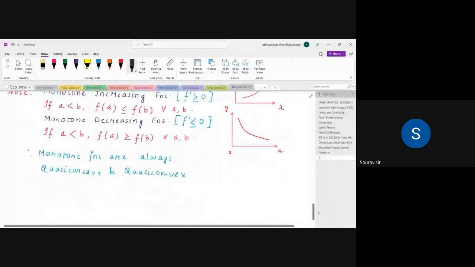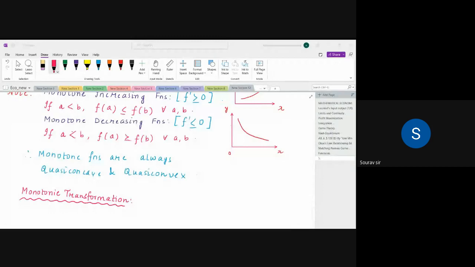One more thing in addition to this that I want to mention over here, the second thing over here, are all of you aware of the concept of monotonic transformations? Yes, you might have studied in your microeconomics, monotonic transformations of utility functions.